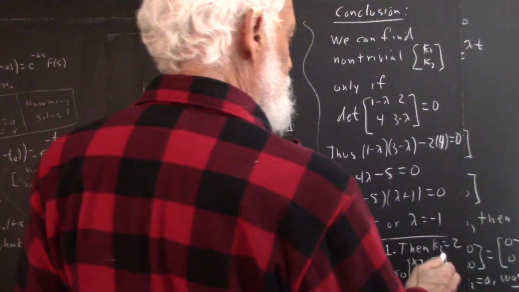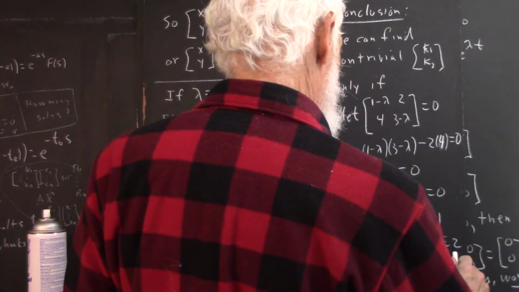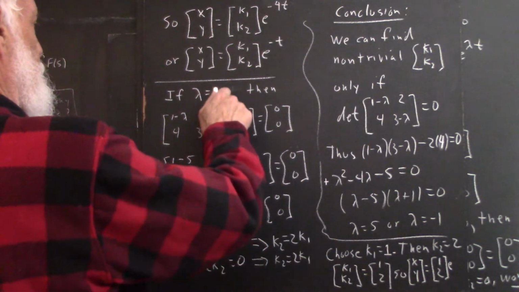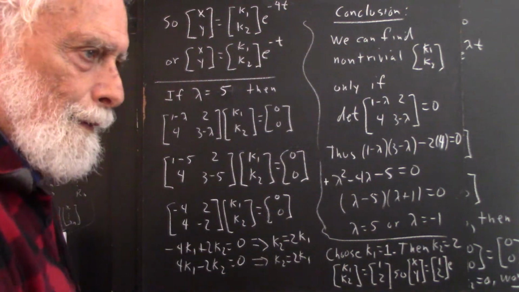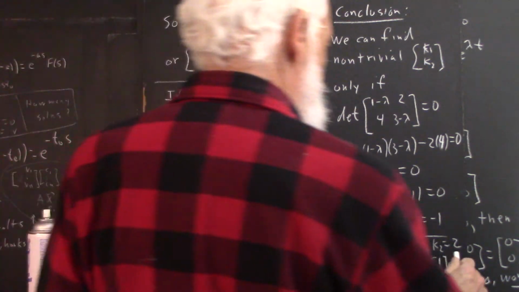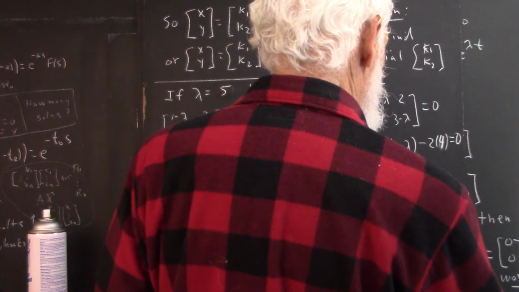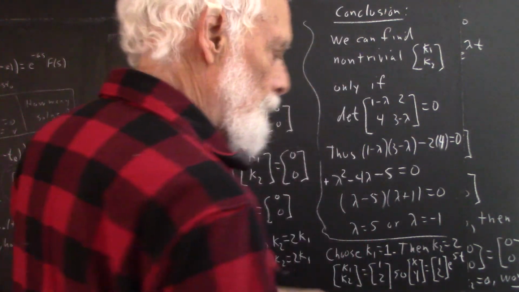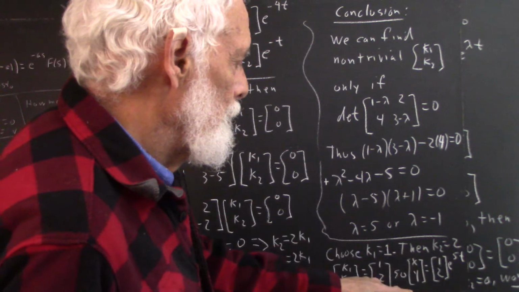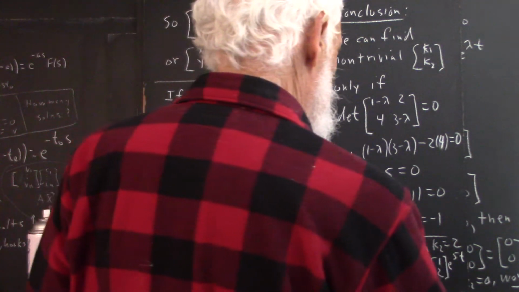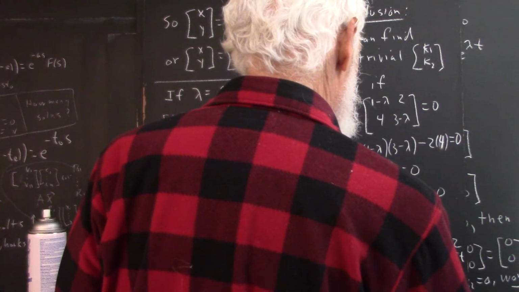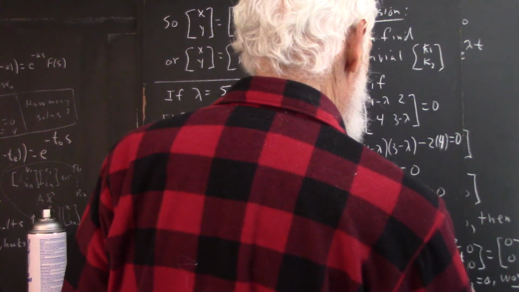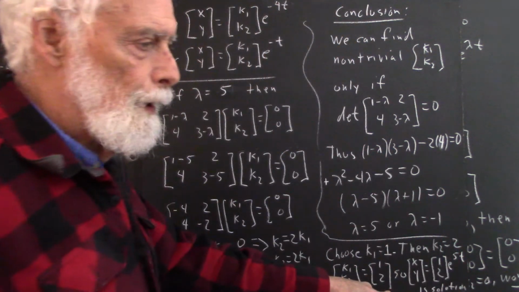Using k1, k2 equals 1, 2, and lambda being our eigenvalue, then xy equals 1, 2, e to the 5t. Don't have much room, hopefully this shows up. This is a solution.